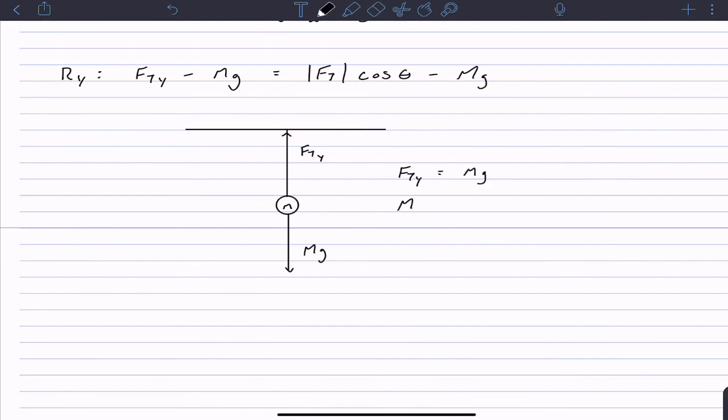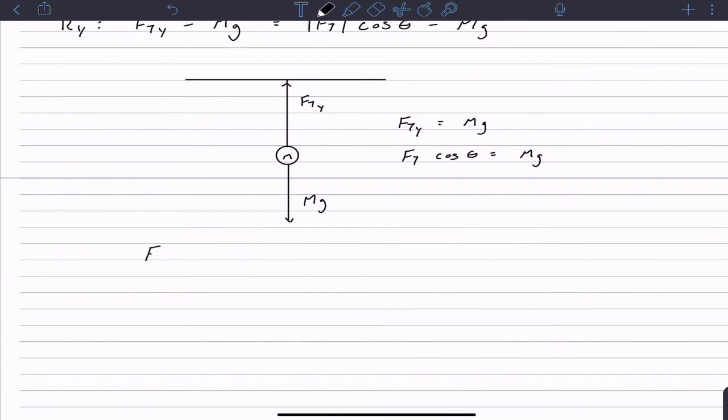That means Ft cosine theta is equal to mg, which means that Ft is equal to mg over cosine theta in equilibrium.